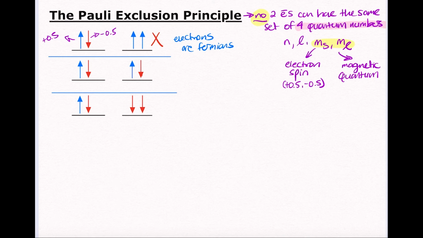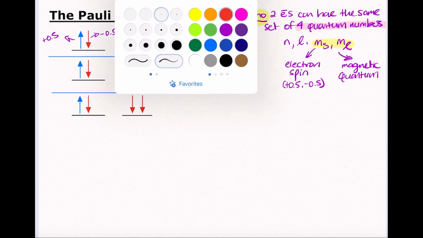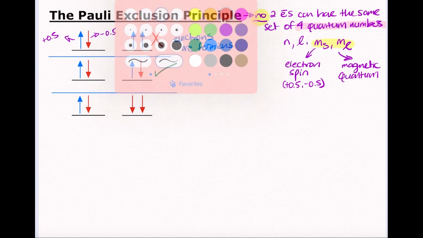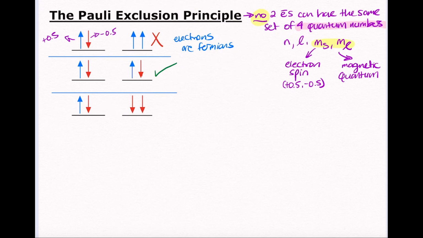How about this one? This one is permitted because all four of these electrons, two in each orbital, have different spin orientations. So we can say that this follows the Pauli exclusion principle. Now this last one down here, obviously these two are spin down, whereas these two are opposite.